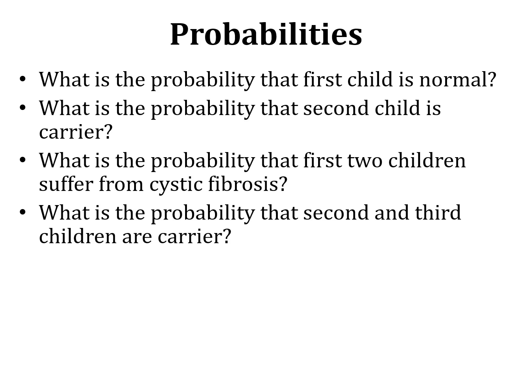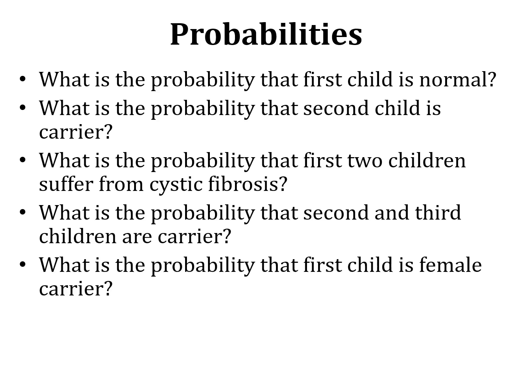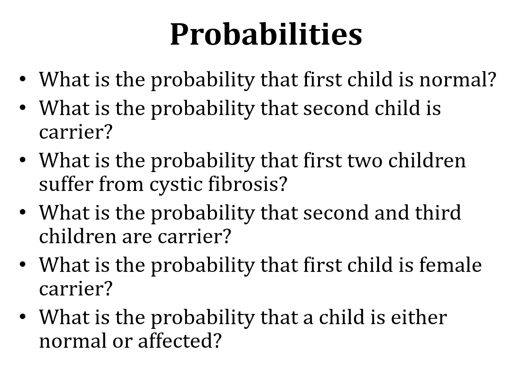The fourth, what is the probability that the second and third children are carriers? The fifth, what is the probability that the first child is a female carrier? And the sixth, what is the probability that a child is either normal or affected? These questions all relate to the calculation of probability, either simple or compound. Now we are going to see the answers one by one.